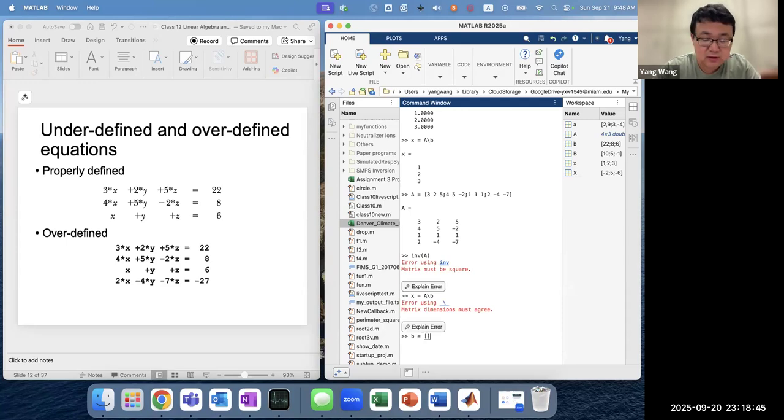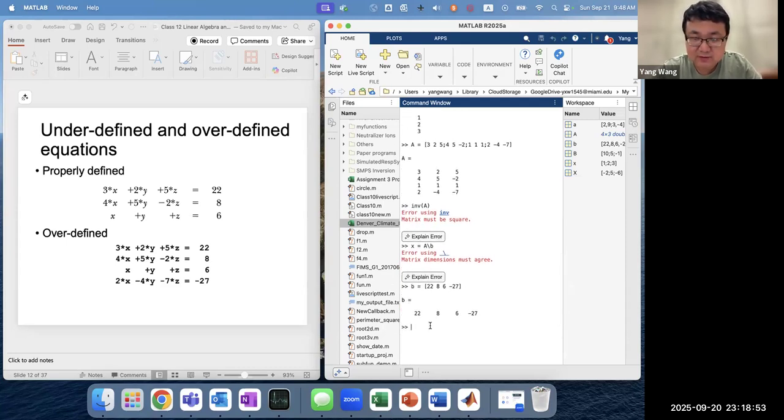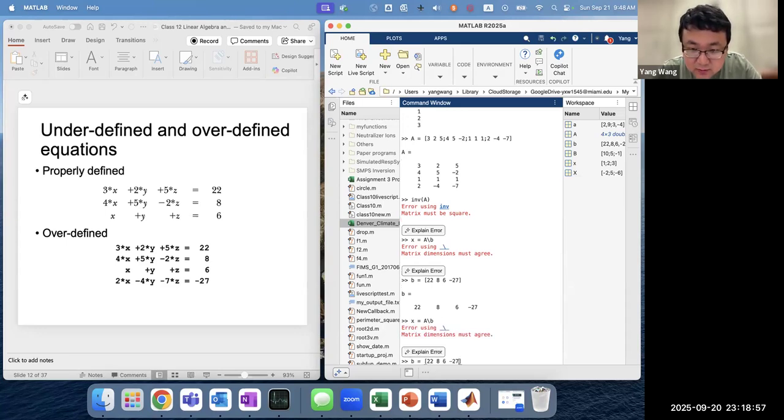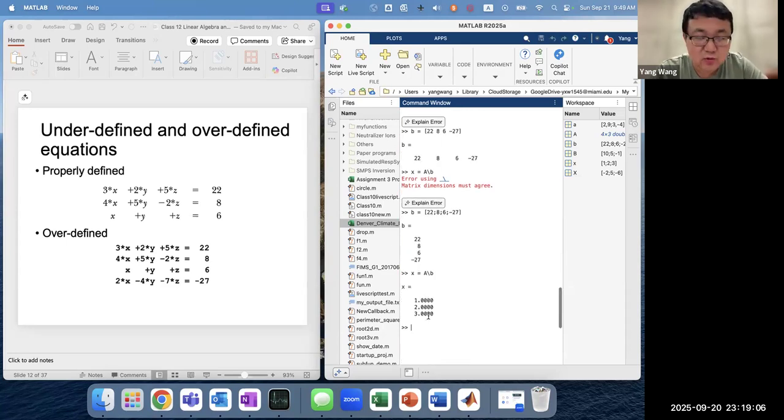B is 22, 8, 6, minus 27. So you see that we can't use the inversion method, so we have to use the left division method. B we have to define as a column, right? You can see that X is still 1, 2, 3.